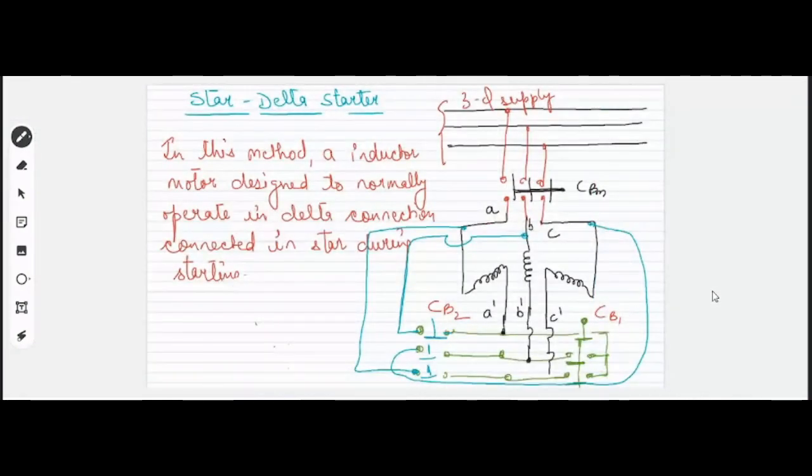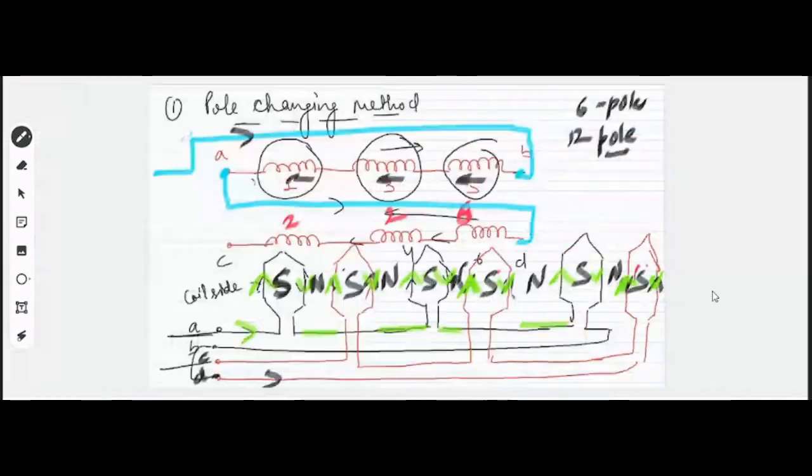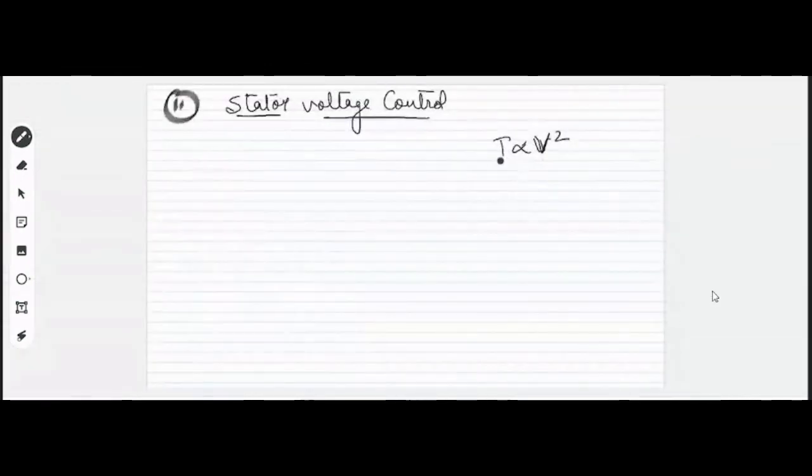We know that torque is proportional to the voltage square, whereas current is proportional to the voltage. That means if we reduce the voltage, your current is going to reduce.